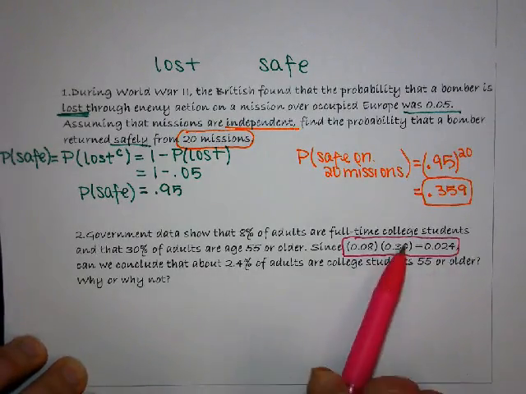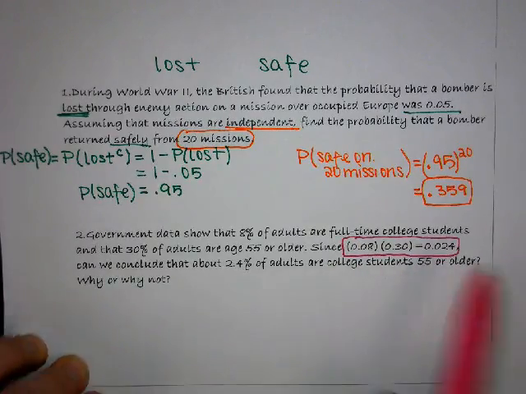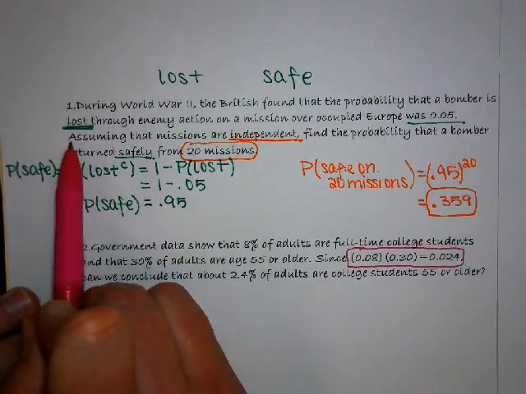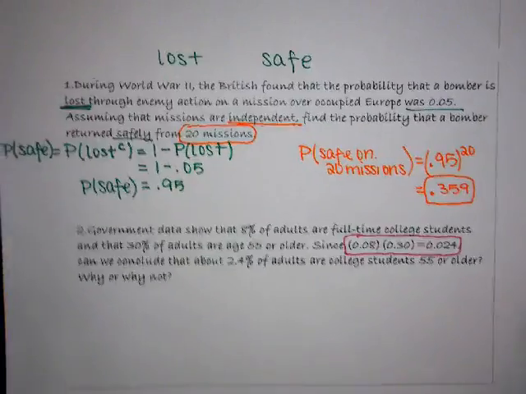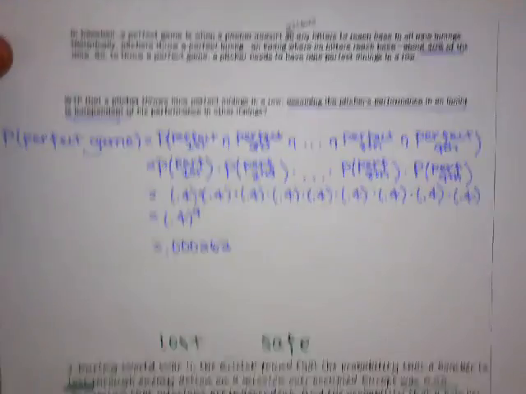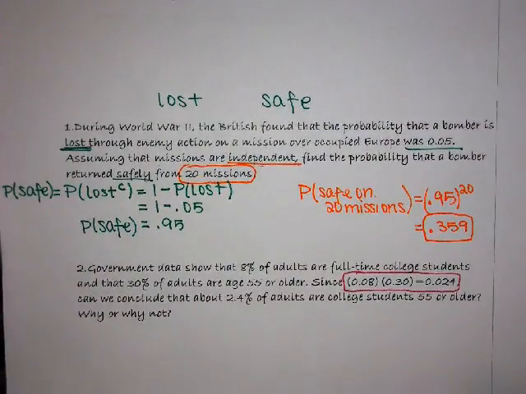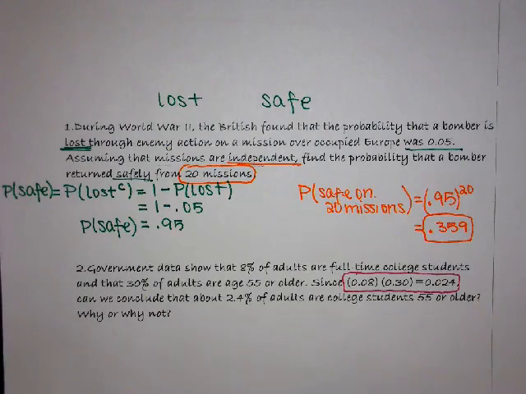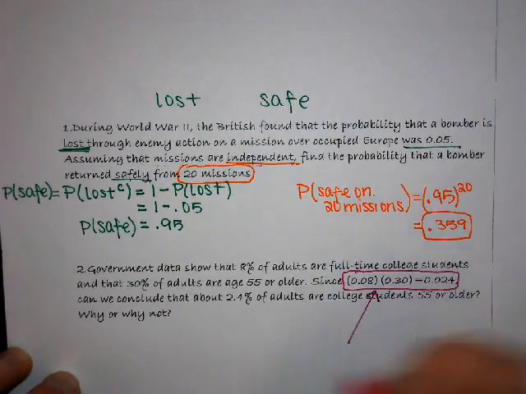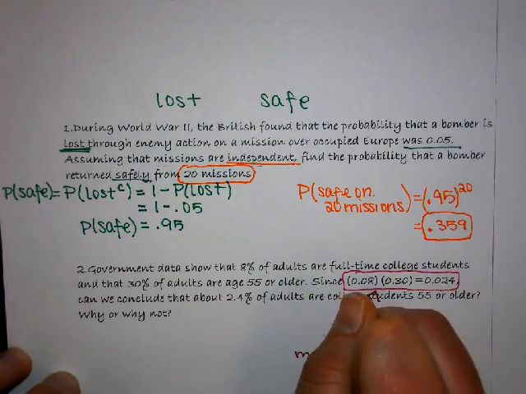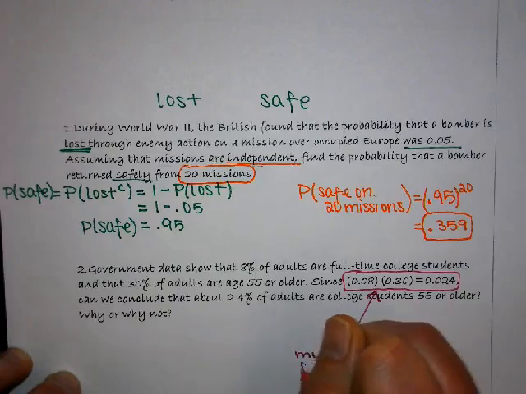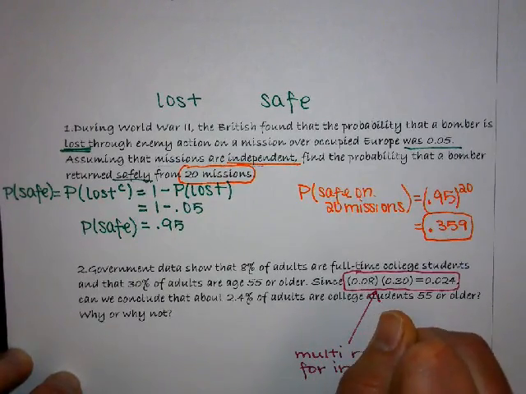It says, assuming that missions are independent. Up here in the baseball example, assuming the pitcher's performance is independent. If it doesn't tell you you can assume independence, you cannot do it. So this right here assumes independence. This is the multiplication rule for independence. And we cannot assume that being a full-time college student is independent of being 55 or older.